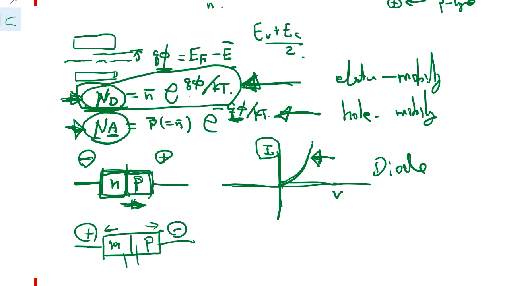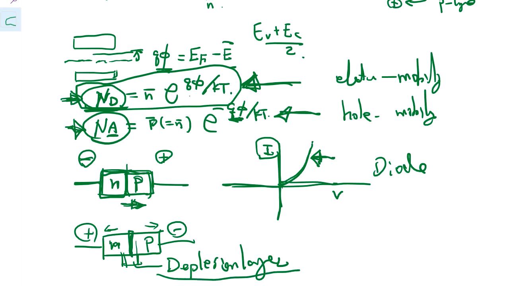There is a space called the diffusion layer around the junction. And the diffusion layer is basically around the junction, where the electrons disappear and it becomes plus, and the other side negative.